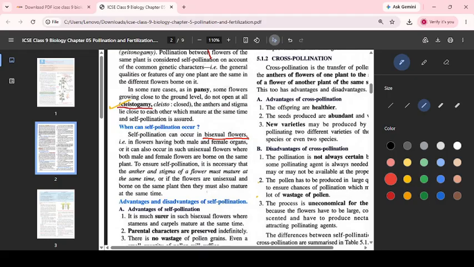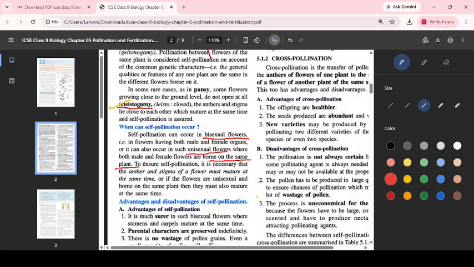Same flower, suppose mustard is there, self-pollination and autogamy occurs. And if you are talking about two different types of flower in the same plant, like staminate and pistillate, male and female flowers present in the same plant, like in case of cucurbita or pumpkin, where unisexual flowers are there, but these flowers are present on the same plant, that is called as monoecious condition.